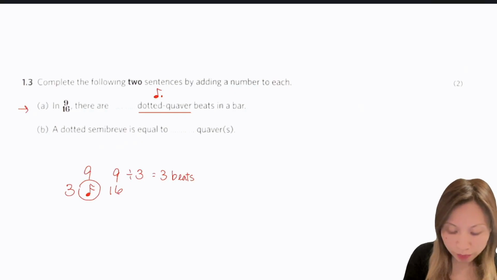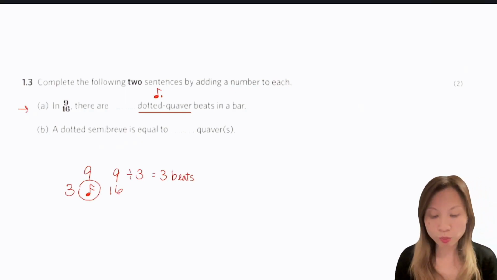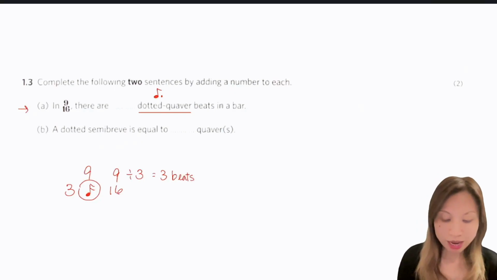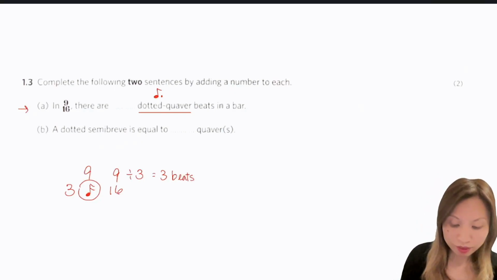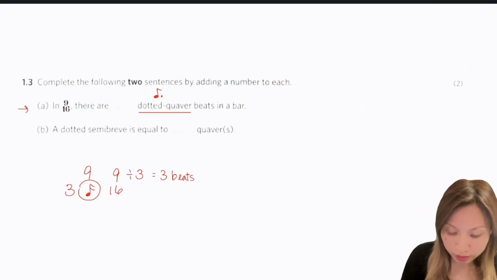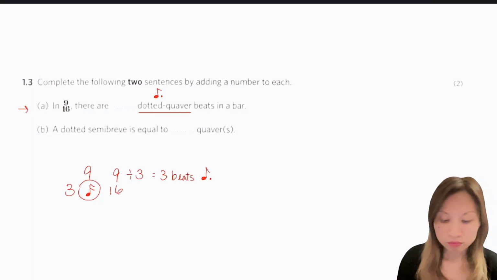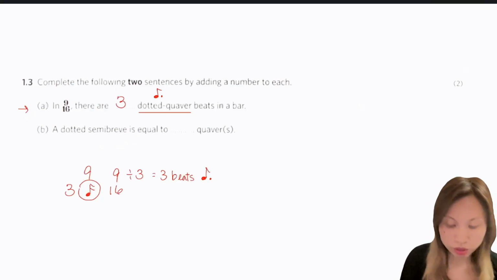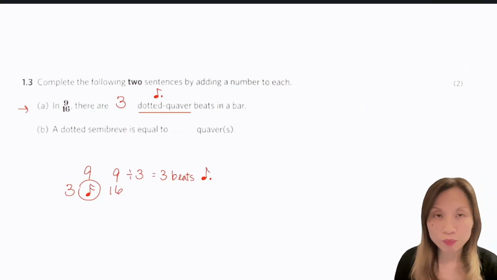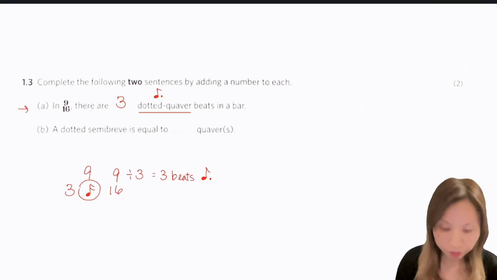You need 3 because you group 3 together into 1 beat in compound time. So 3 semiquavers make 1 dotted quaver. So therefore, you get 3 beats of dotted quaver, and that would be the answer. So you're going to type in 3 when you do the exam because it's a digital exam online.